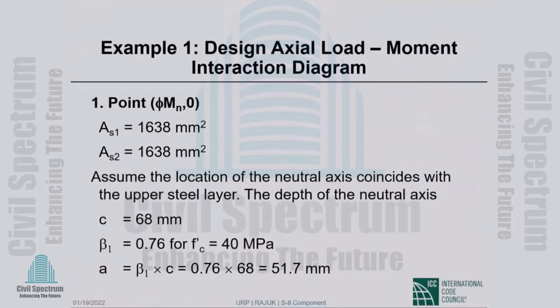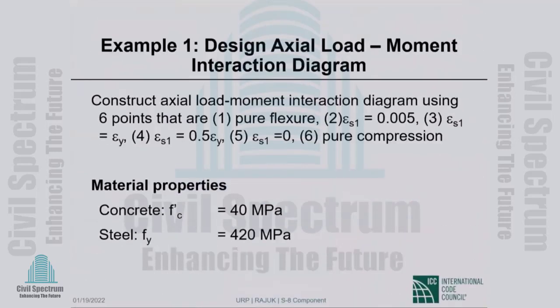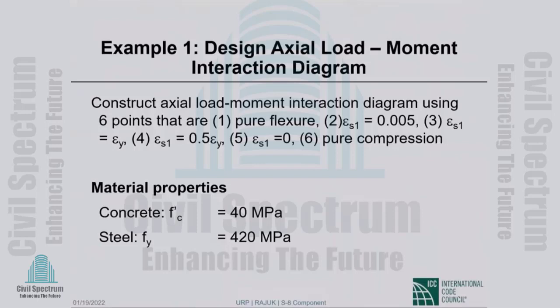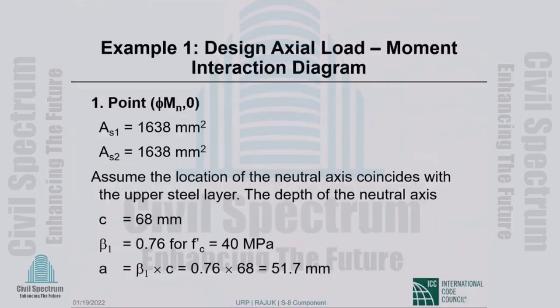Okay, the first item, we are on the x-axis. Pure flexure. So P sub n is zero, and M sub n is the moment strength. There is no simultaneous axial load.